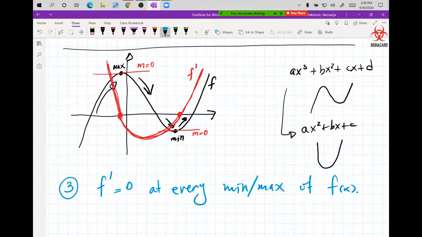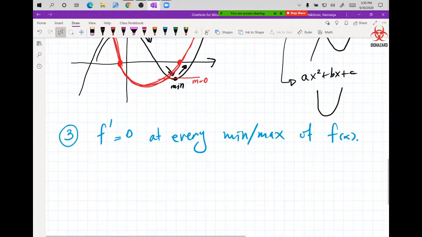So that's another rule, and it's very easy now to graph these functions even if you don't know what they actually are, without a graphing utility. It's very easy to go back and forth between the two.